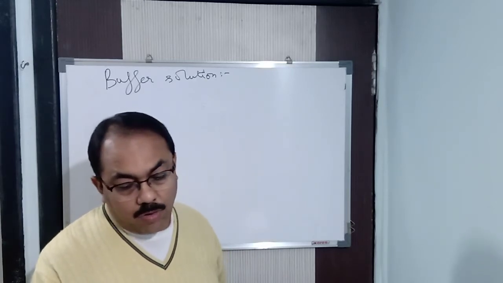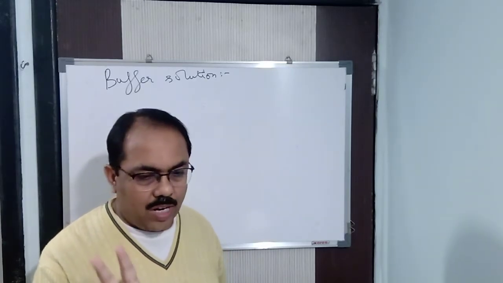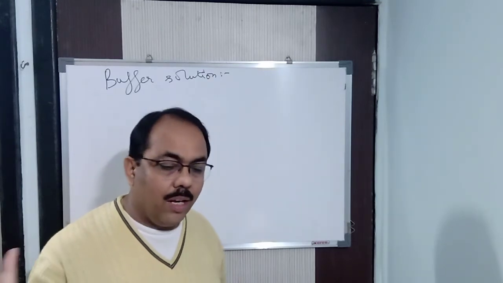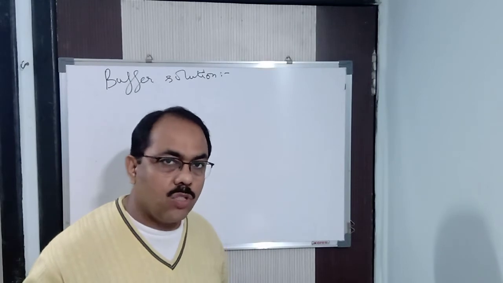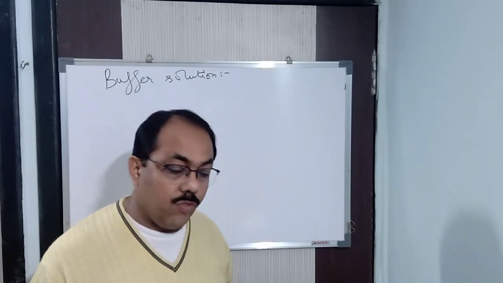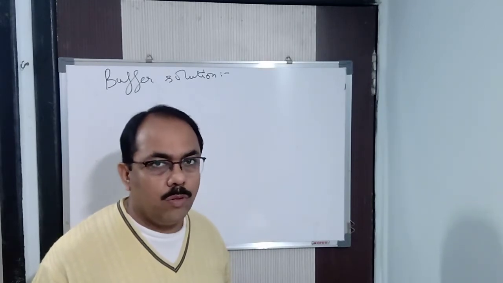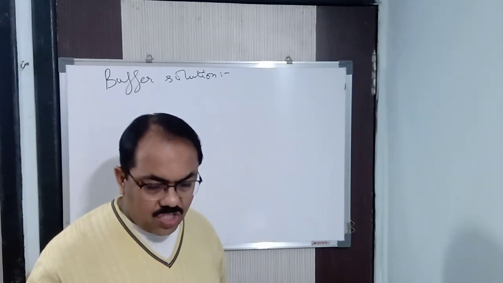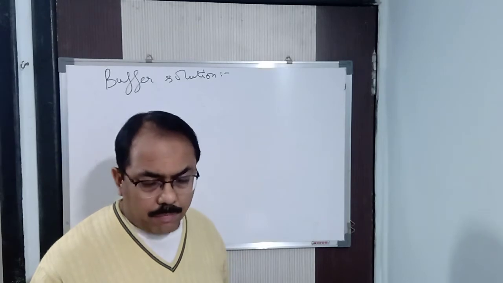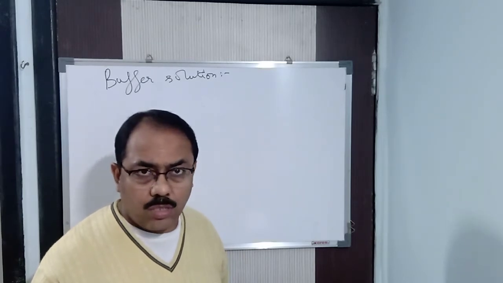Suppose you are adding a small amount, mind it, not a large amount. If you add a large amount of acid or base, definitely it will not behave as a buffer solution. It will become an acidic solution or a basic solution, so to say. So when a small amount of acid or base is added to it, hardly does the pH change. Minutely, the pH changes. So that is called a buffer solution.